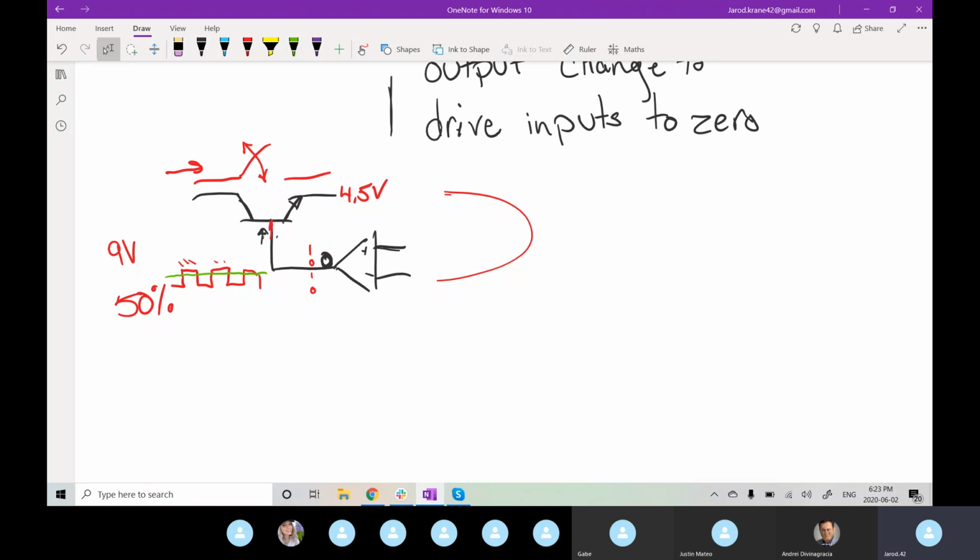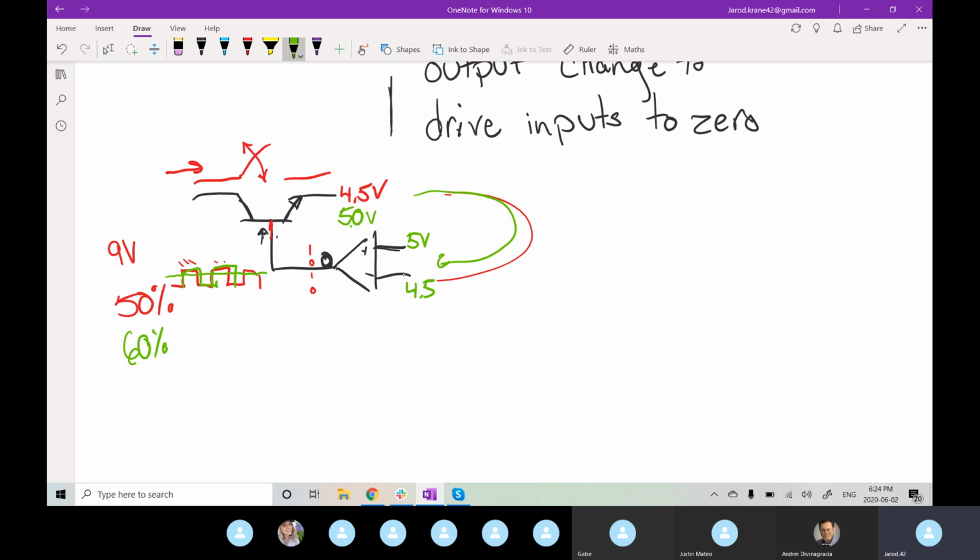So if we simply assume that we still had our 5-volt VREF, and the output is modulating perfectly at 50%, then 4.5 volts comes to our negative input pin, and now it's below the reference, so it's going to increase its duty cycle so that it's on a little bit longer each time, allowing more power to come through.